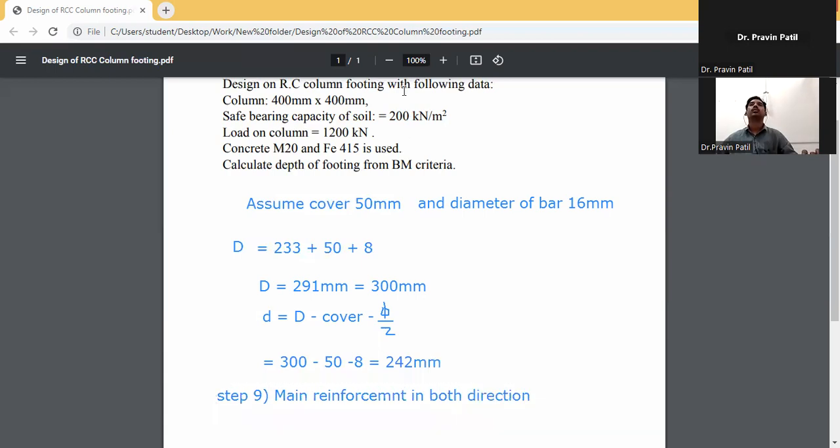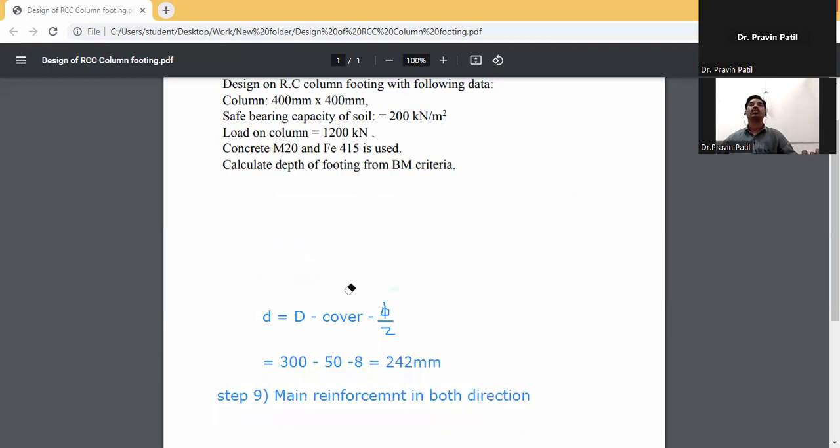Okay. So Ast is equal to, the standard formula, just write down.